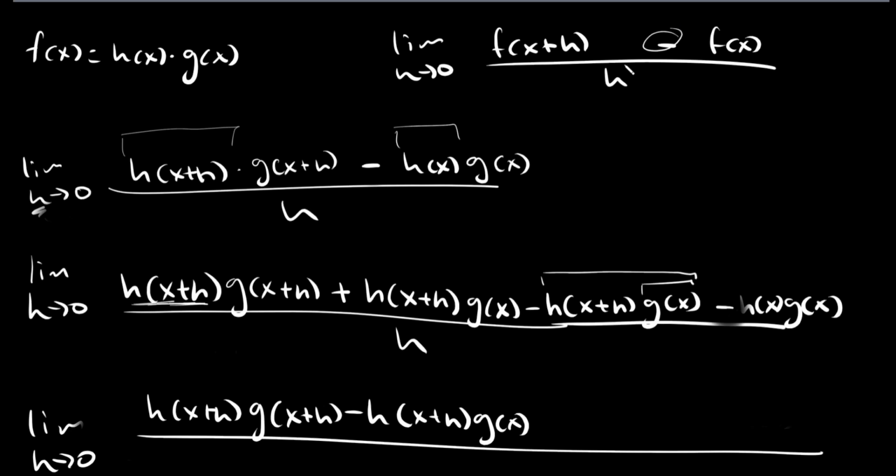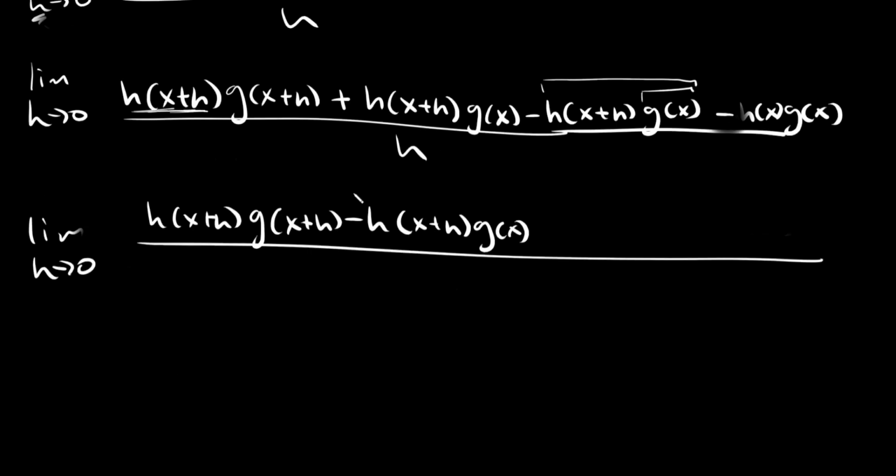This time, if you look carefully, if I factorize my h of x plus h, I'm going to get a derivative of g of x, and this is going to be divided by h right here, and this is going to be plus h of x g of x, minus h of x g of x.